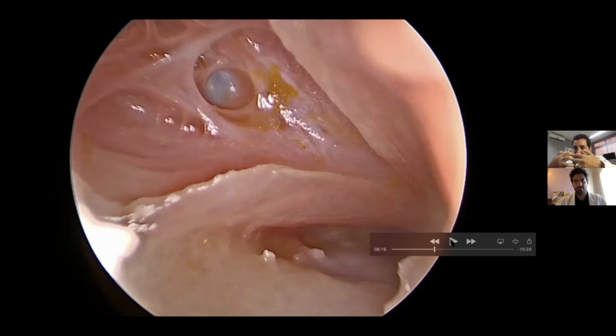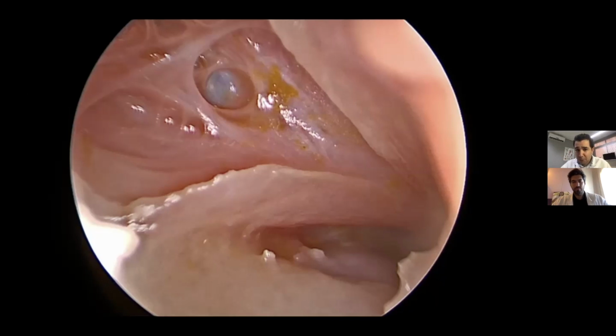When the sacci touch together, they can leave a remnant, like a web or a closed tissue. This is one of the cases here at this area between the supratubal recess and the anterior tympanic space. Sometimes this is the saccus anticus and the saccus posticus, and then you can have an embryological alignment, and then you can have a web that we call the tensor fold.